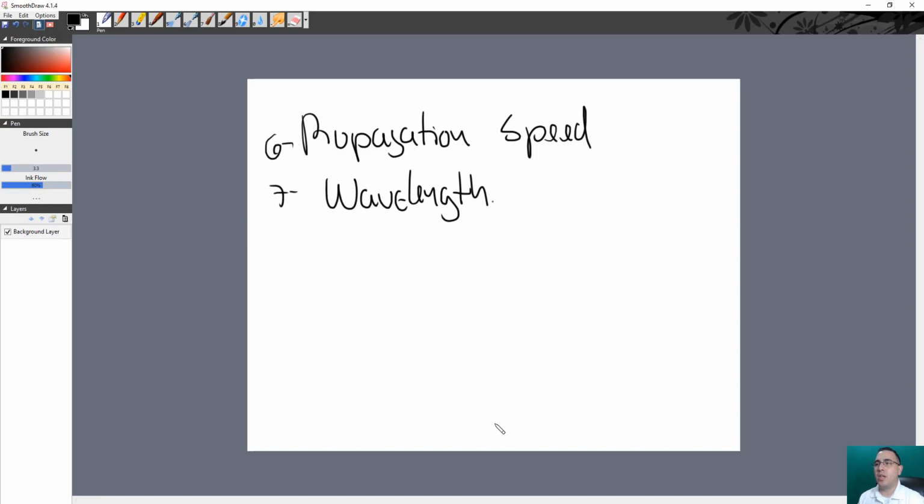Where's the propagation speed? It tells you how fast the sound moves through matter, and in this case through the tissues. And this propagation speed does not depend on anything that you do in your system. The propagation speed depends on the medium. It depends on the stiffness of the medium.